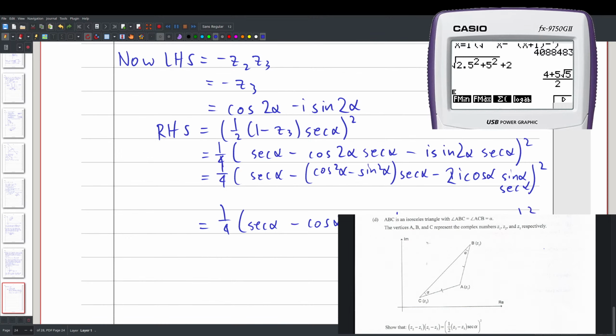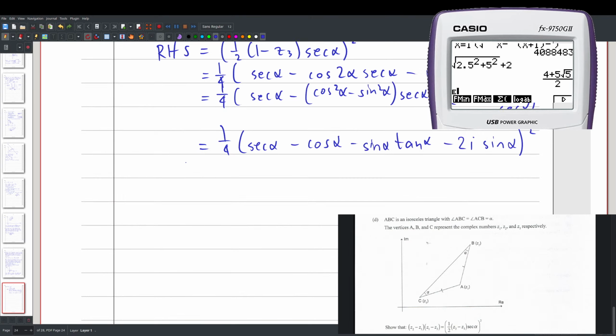I can kind of see where this is going now. Kind of. It's not looking good, but a quarter sec alpha minus cos alpha minus sine alpha tan alpha. No, this has to be plus.